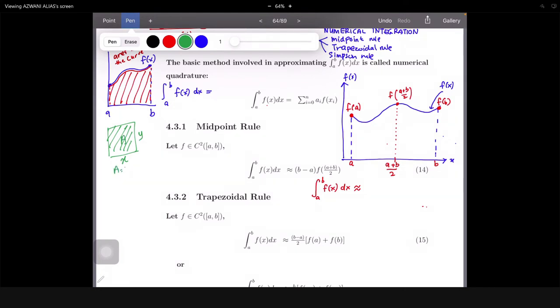Area adalah tapak darab dengan tinggi. Okay. So tapak kat sini adalah from A to B, which is B minus A. Betul? Jarak tapak X tersebut adalah B minus A. Right, betul?